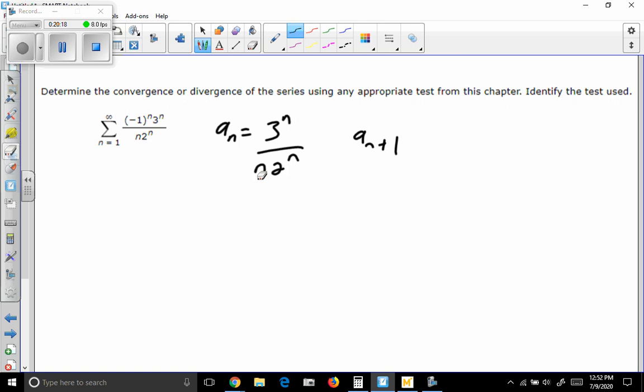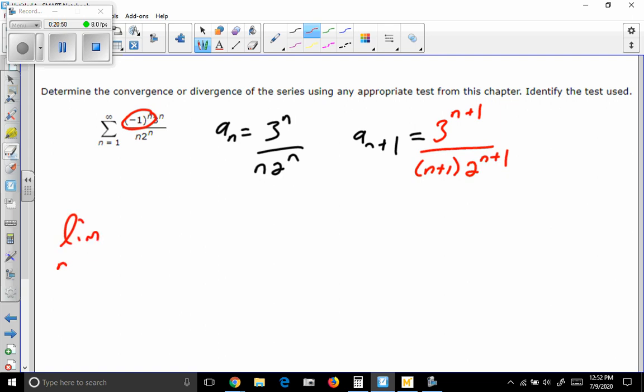So the ratio test involves taking a sub n and a sub n plus 1 and dividing them, and we also take the absolute value. Since we're taking the absolute value, the part that makes it alternate goes away. So the n plus 1 term would make that 3 to the n plus 1 over n plus 1 times 2 to the n plus 1.